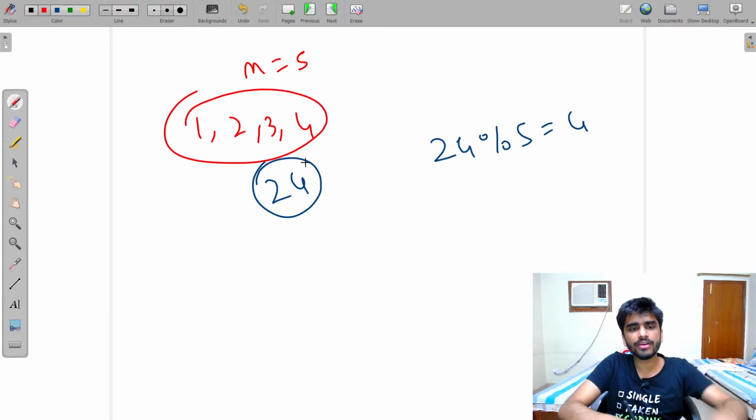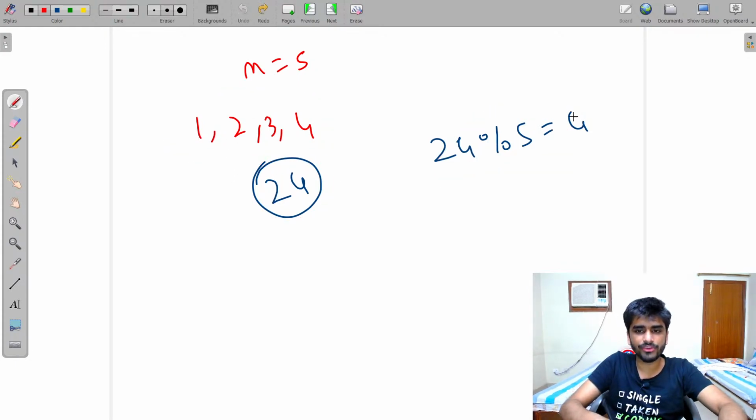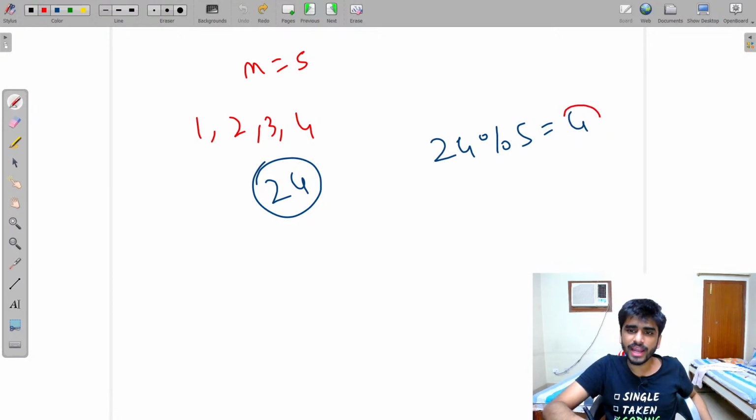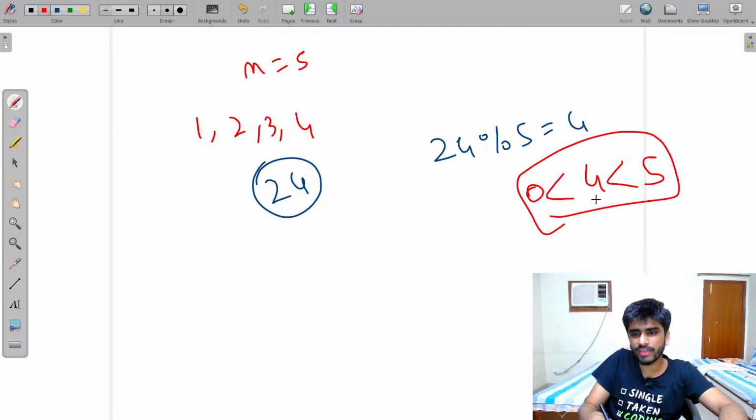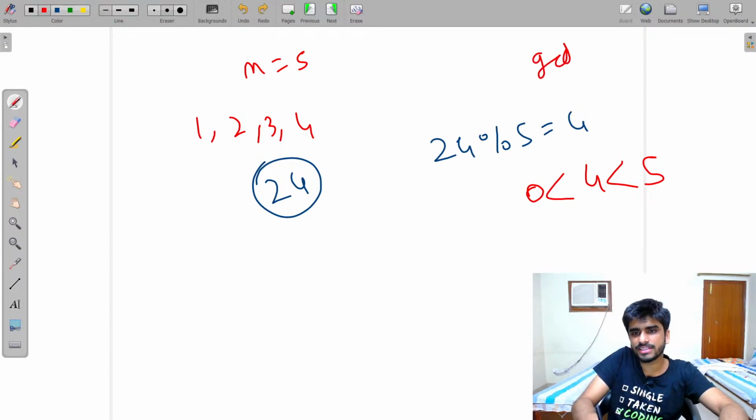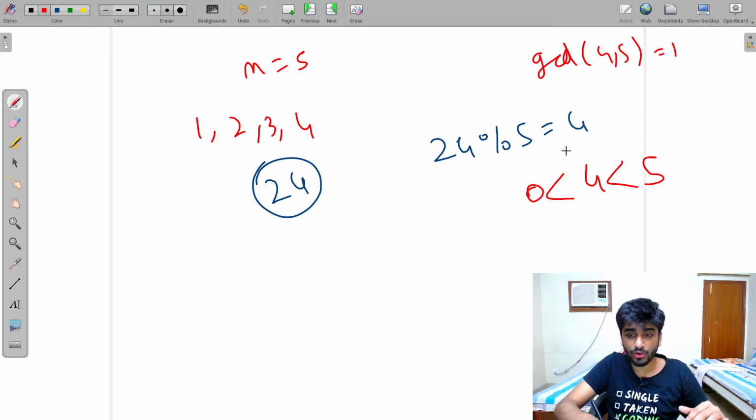We multiply all of these, we get 24. 24 mod 5 is just 4. After that we know that 4 lies in this range between 0 and 5, and we also know that the GCD of 4 comma 5 equals 1. That means 4 and 5 are co-prime.